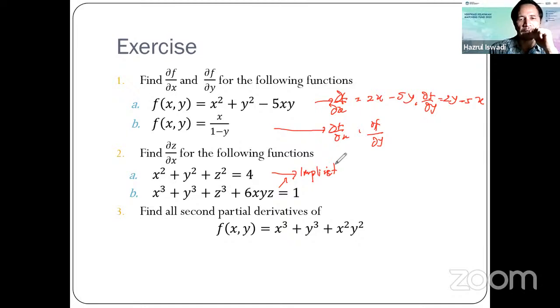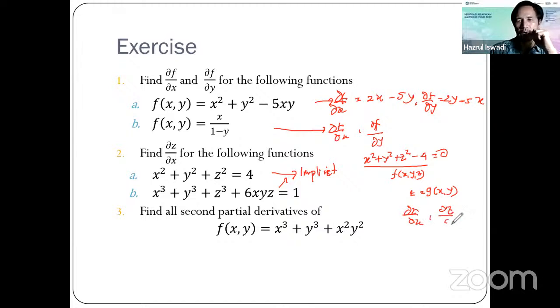It means that x squared plus y squared plus z squared minus 4 is equal to 0. This is a function of three variables x, y, and z, where z is a function of x and y. So we can find ∂z/∂x, or we can also find ∂z/∂y. But in this exercise, only ∂z/∂x.